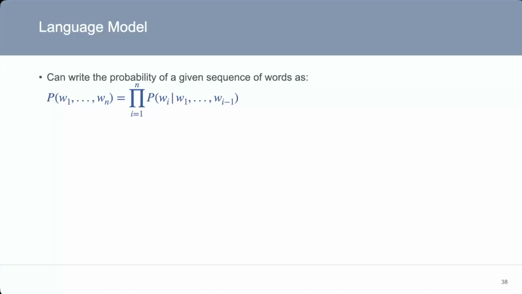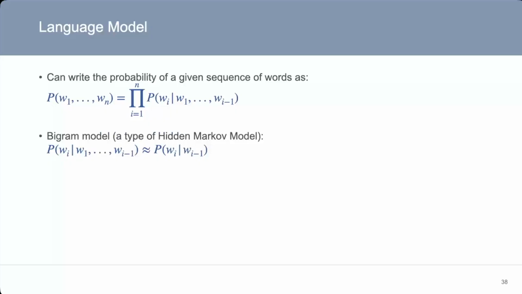If we were to model this in a hidden Markov model, we can write the second term as simply P(wi) given wi minus 1. Or in other words, the current word depends only on the preceding word.